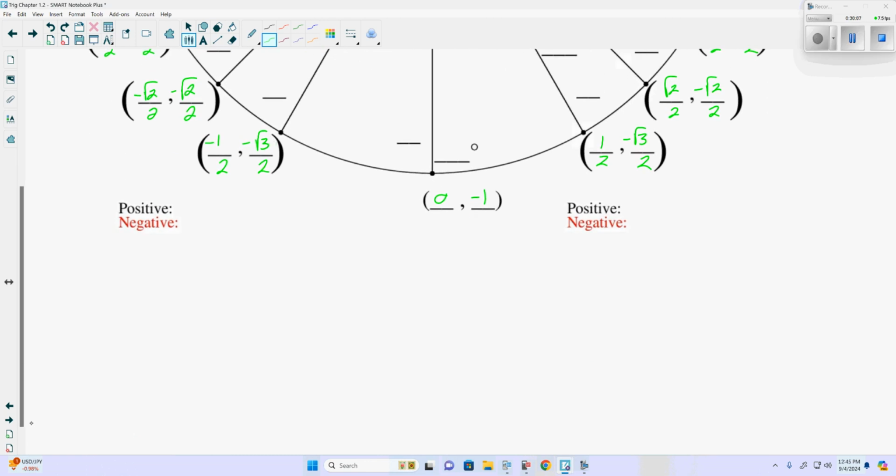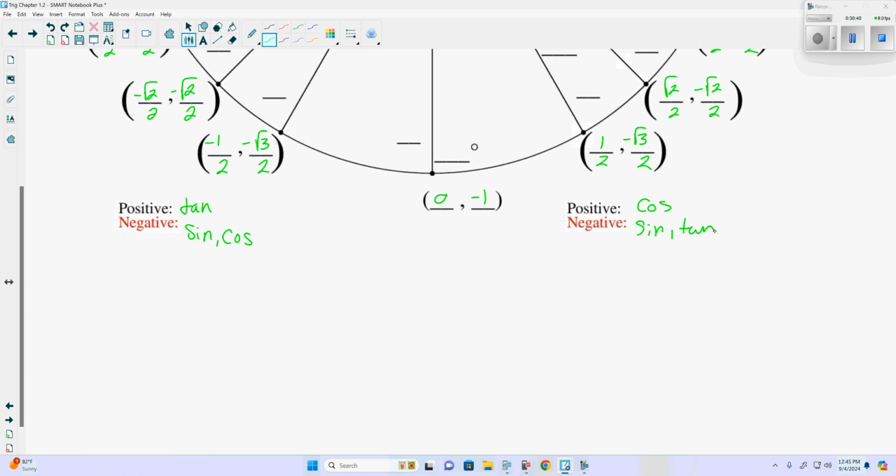Now we'll put our positive and negatives here. In the bottom one, positive is tangent. Negative is sine and cosine. And then the last one, cosine is positive. Sine and tangent are negative. Incidentally, our CSC, our cosecant, if sine is positive, cosecant's positive.